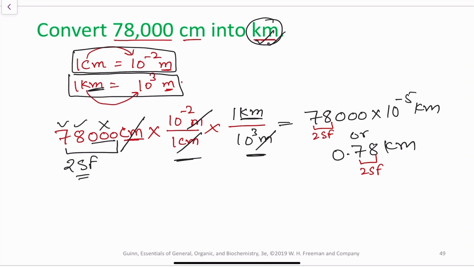So this is how you normally solve a problem with two or more conversion factors, right? This is your conversion factor 1 that we used, and this is your conversion factor 2 that we used.